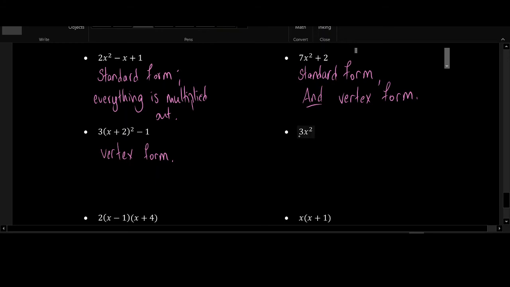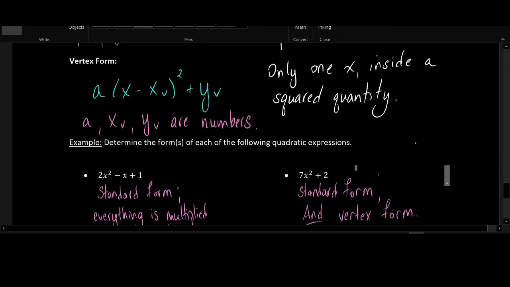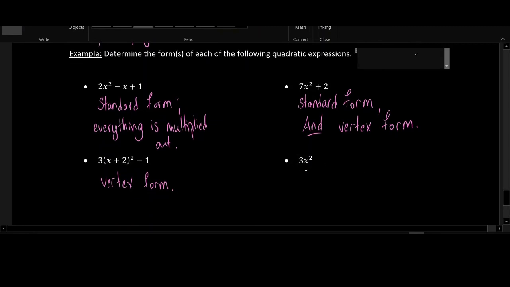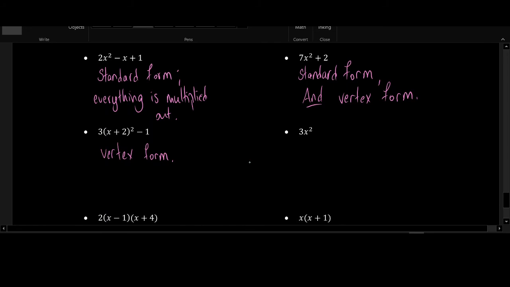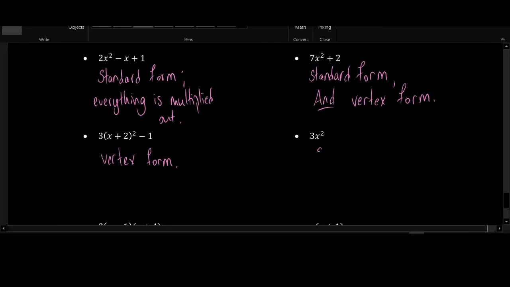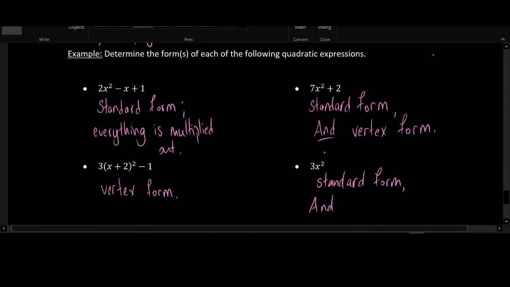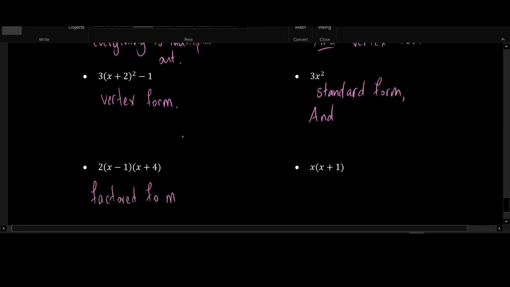Let's have a look at 3x squared. In 3x squared, on the one hand, there is no more work that I can do to multiply this out. It's completely been multiplied. So as a result, this is in standard form. But at the same time, we don't have any x's which are outside of squared quantities. The only x that we have is underneath this square here.